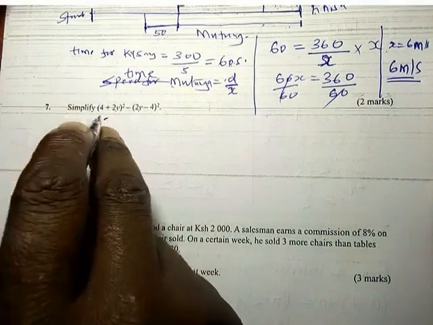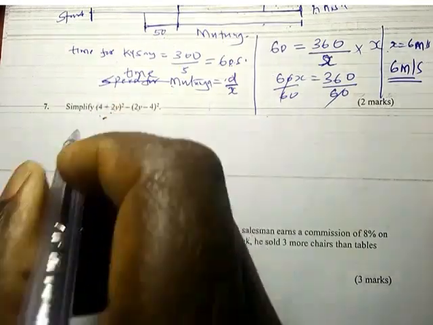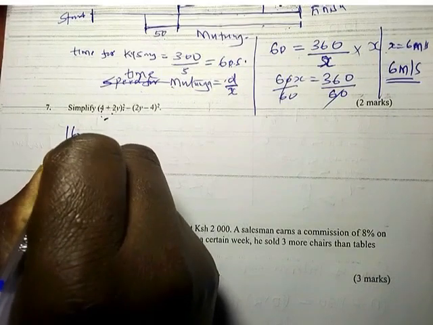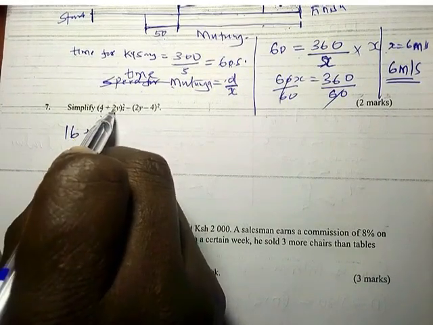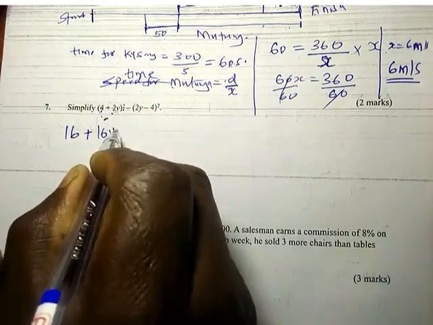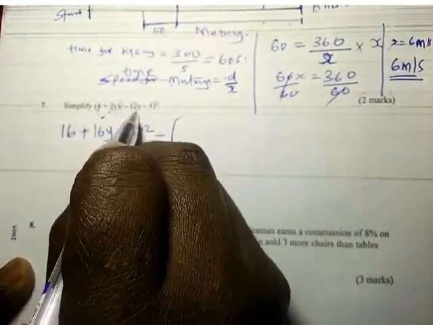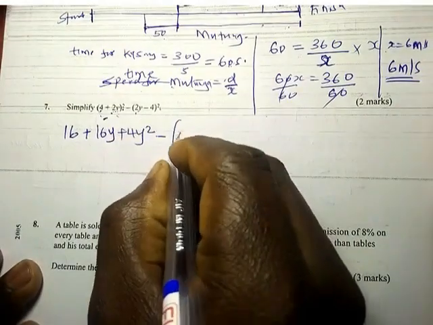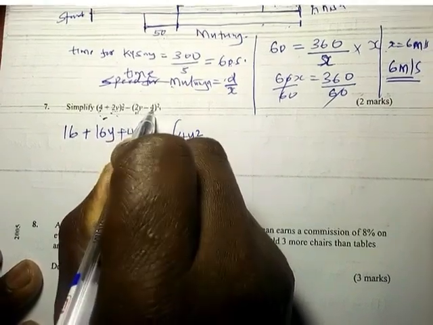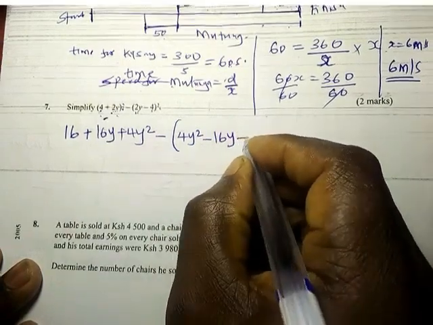Simplify. This one you simply need to expand. So I want to show how to expand this, this is a square. So 4 squared will be 16, plus 2y times 4, 8y times 2 is 16y, and then plus 4y squared, minus into bracket 4y squared, hapa katikati itakuwa 2y times 4, 8 times 2, 16, itakuwa minus 16y, and then plus 16.